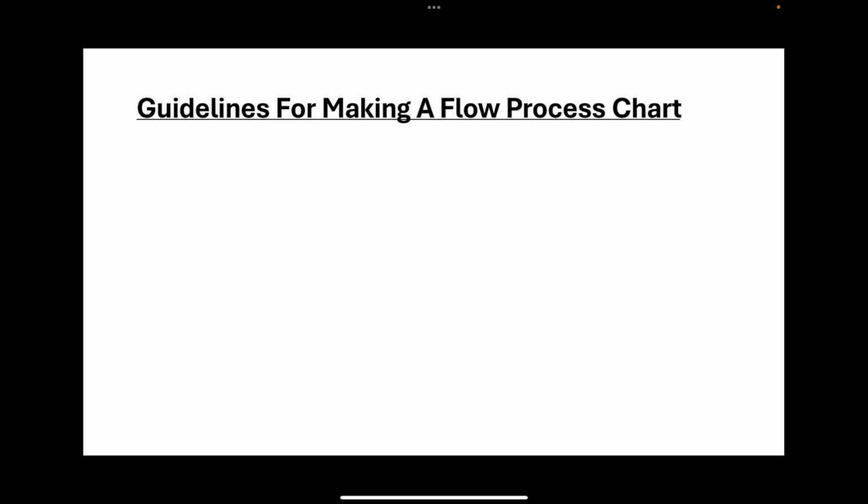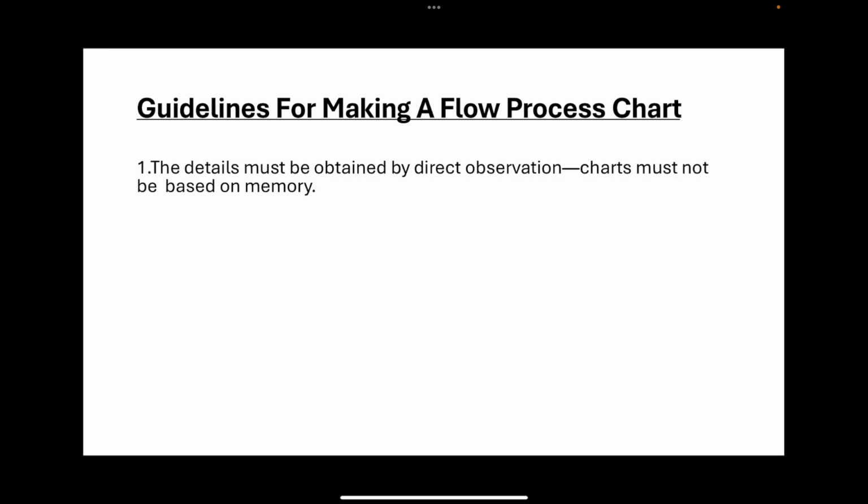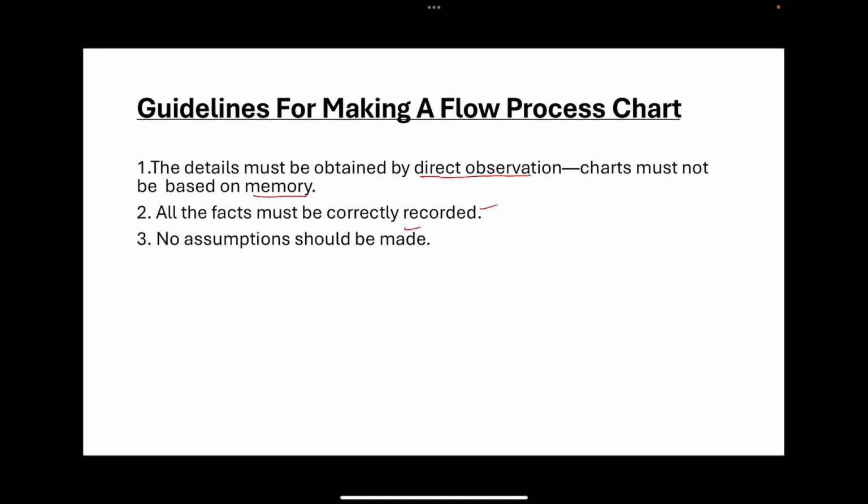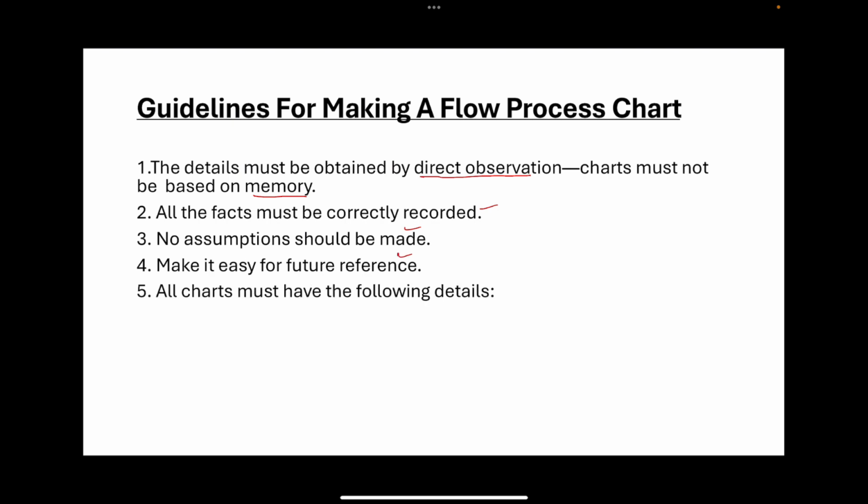So let us look at some of the guidelines for making a flow process chart. The details must be obtained by direct observation, and should not be based on memory. All the facts must be correctly recorded, and no assumption should be made, and this should be made easy for future reference.